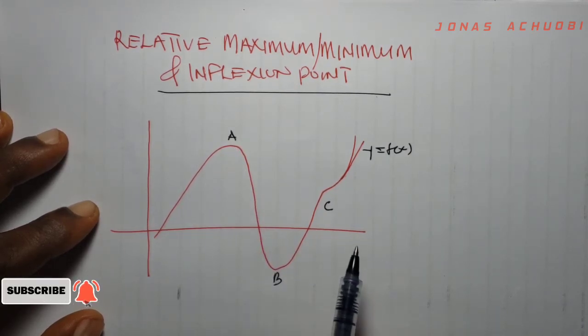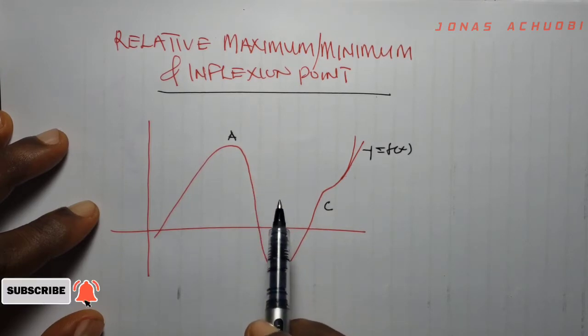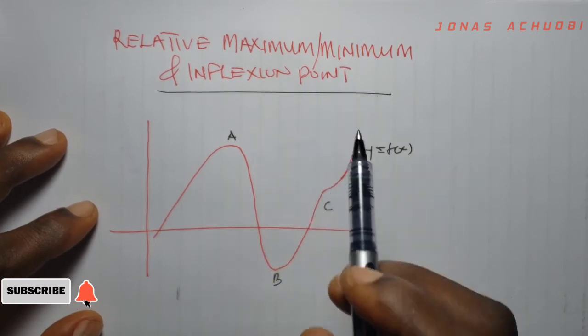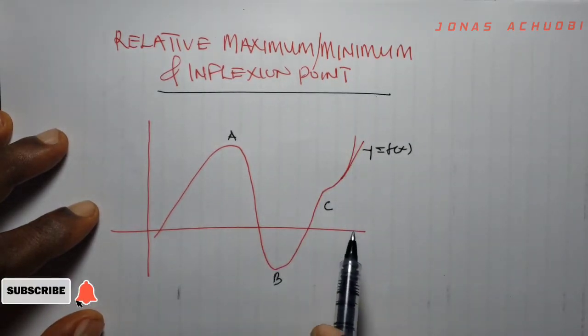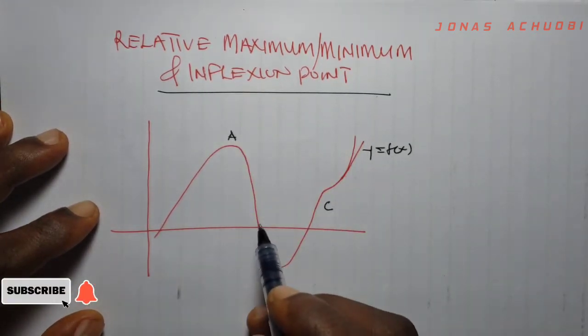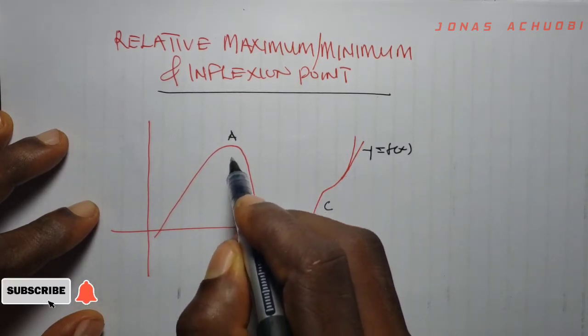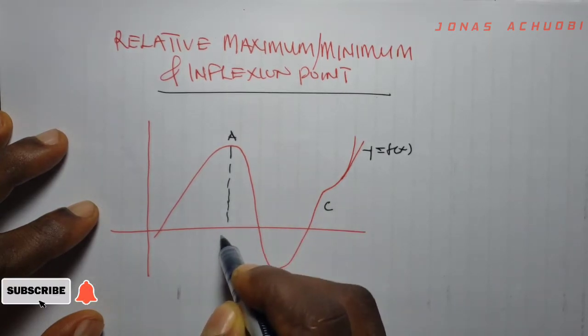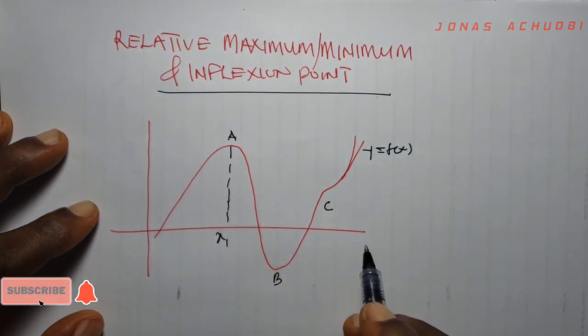We want to investigate when a critical point is said to be a relative maximum or minimum or a point of inflection. Let us take the critical point A. For instance, at this point A, there is of course a corresponding critical value which I call x1.